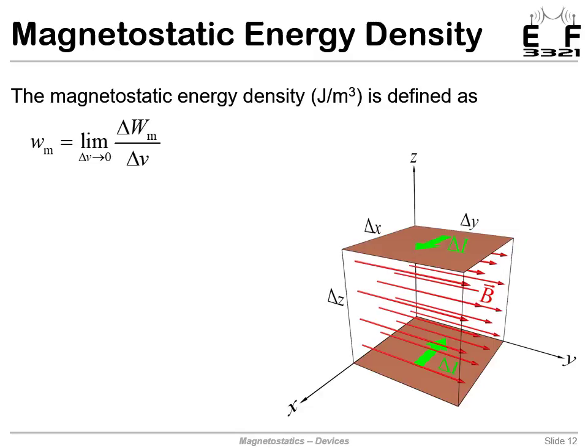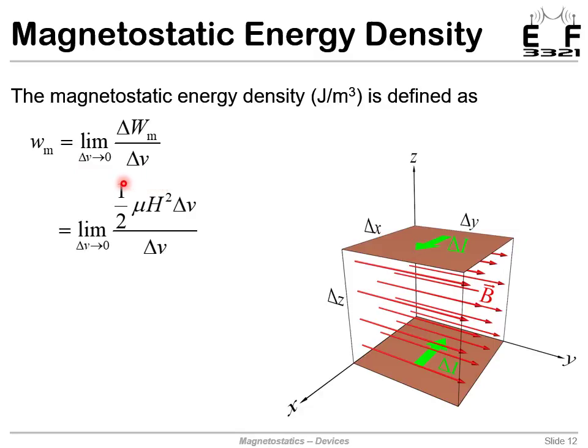At this point, we're going to let the volume of this box go to 0. So the actual energy density in the magnetic field is our delta W divided by the volume. That gives us our density, but then we're also letting that volume go to 0.